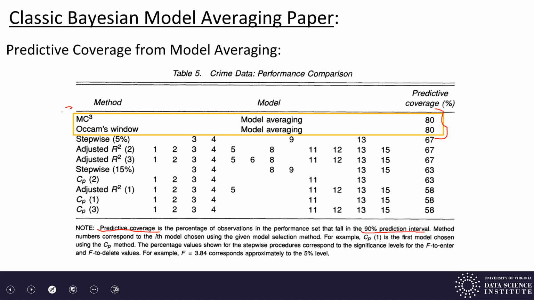These are our 2 different methods, MC cubed, a Monte Carlo method, and Occam's window. They're different methods for searching through the models, and they give us better predictive coverage than all the other methods down below, a number of methods using adjusted R-squared and Cp.